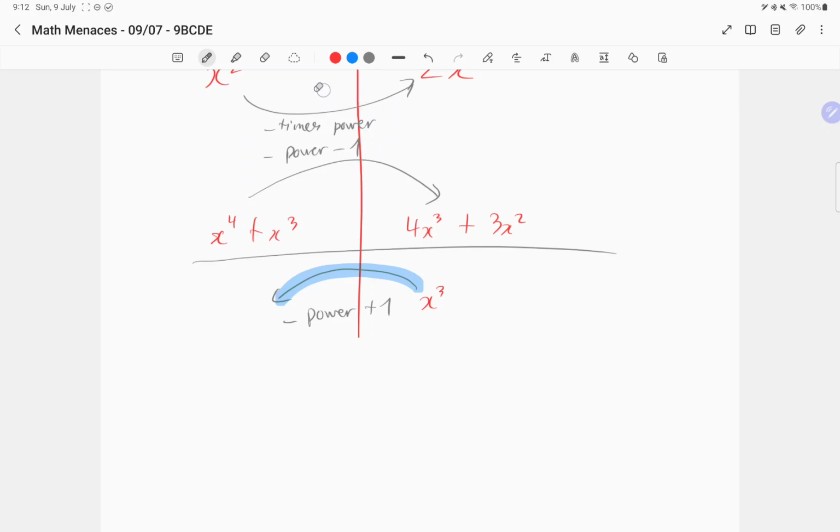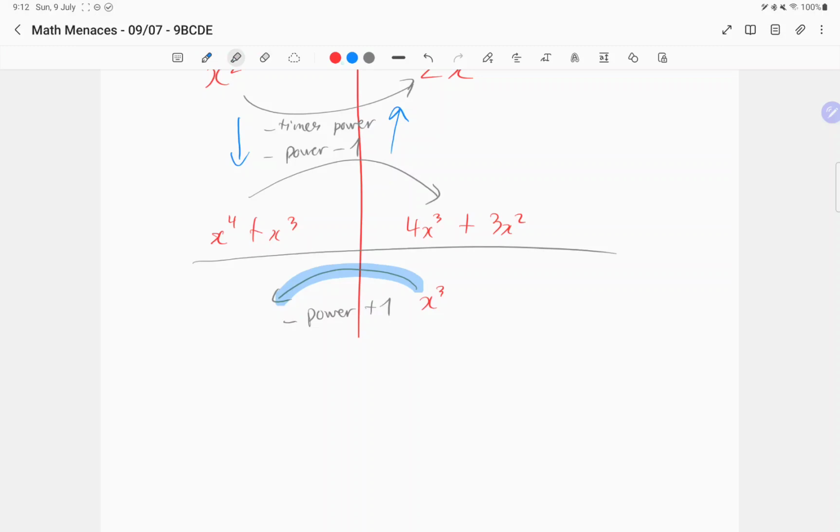Now if we go backward, it has to be the reverse, but still 2 steps. So yes, Charlie is correct. Now to go reverse, 3x to the power 4? No, not that, because that one would have had to have a 4 in front of it. It would have to be 4x cubed if the power was 4. But this one is 1x cubed.